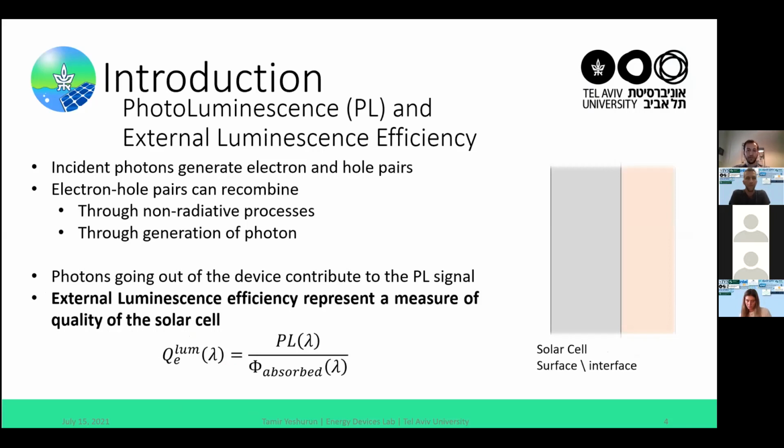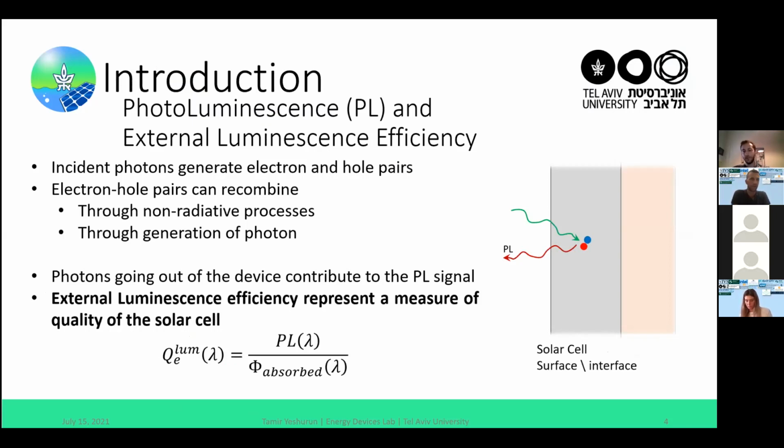One of the ways to characterize the solar cell quality is to look at photoluminescence signals. Incident photons are absorbed and create electrons and holes. Those can recombine and emit a photon that is leaving the device, and that's what we call the PL, or the photoluminescence.